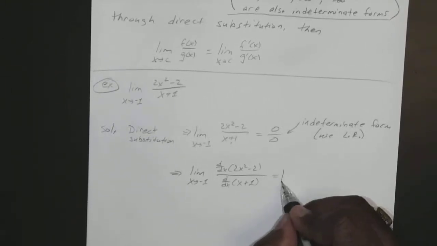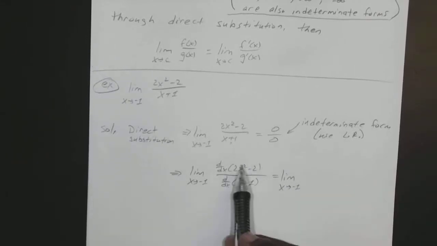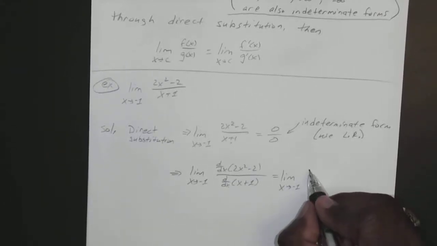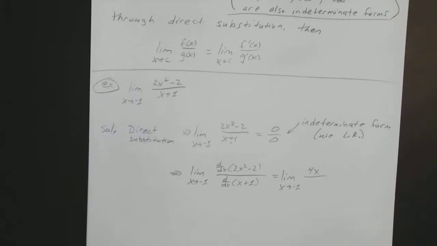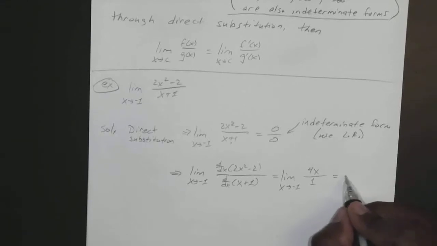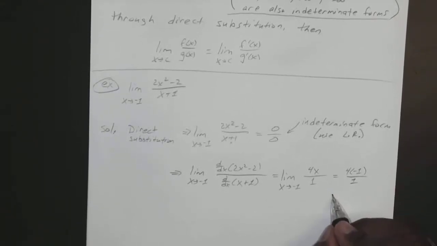Okay, which gives us the limit as x approaches negative 1. Bring down our 2 here. We have 4x. Derivative of x plus 1 is just 1. So now we try direct substitution again. 4 times negative 1 over 1, which is just negative 4.